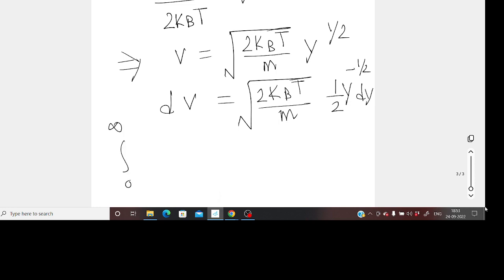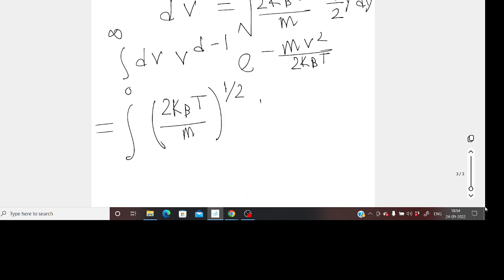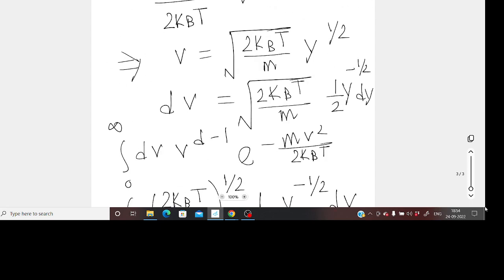Now what was the integral, the denominator? It was, I think, this. Now replace it by v here. So you replace dv by this thing, and v by this thing.